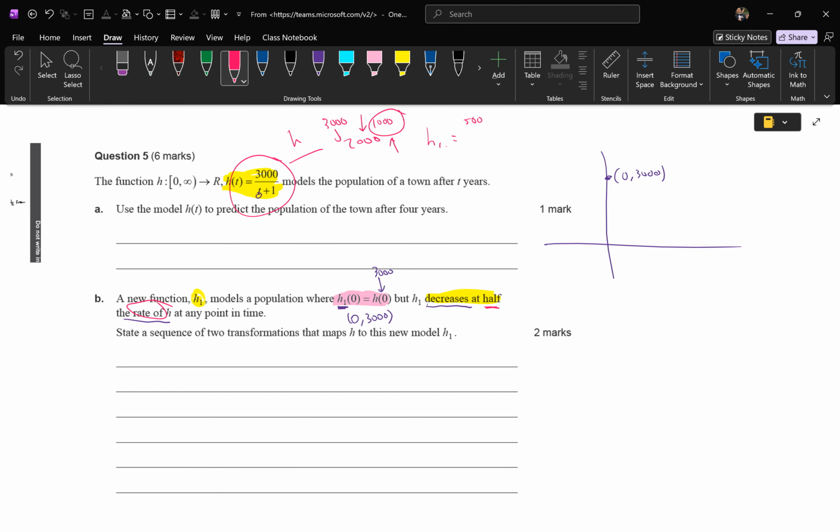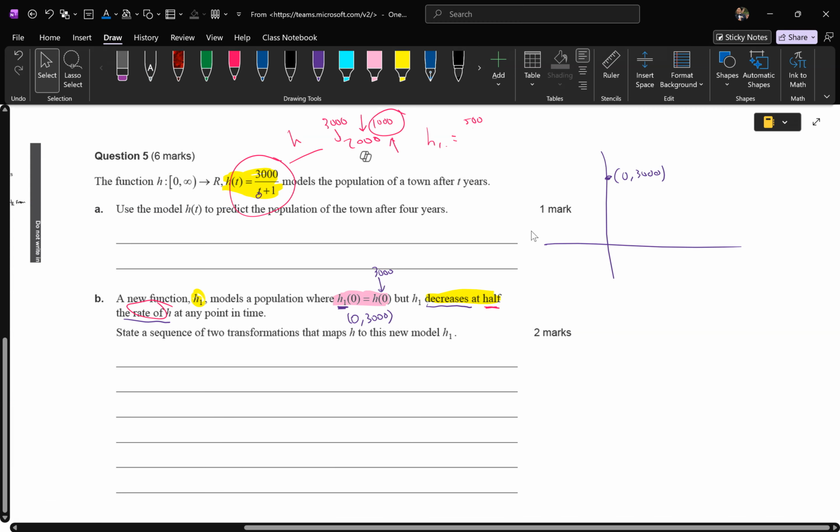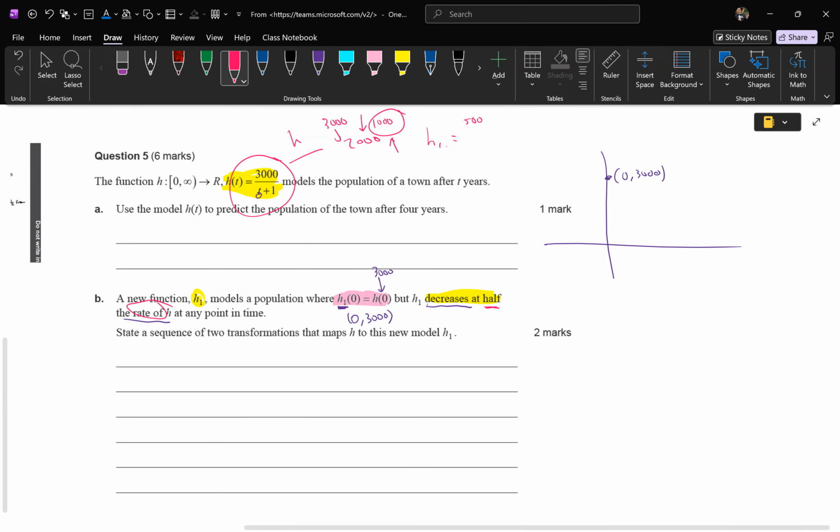So if that is true, then technically, and I've drawn it on a graph so that you can see, it's getting stretched out horizontally, because if one is dropping down like this, the other one has to drop slower. That's the only way to be half that rate. So if this drops by 1,000, the other one has to drop half that at the same point, so it has to be 500 here.